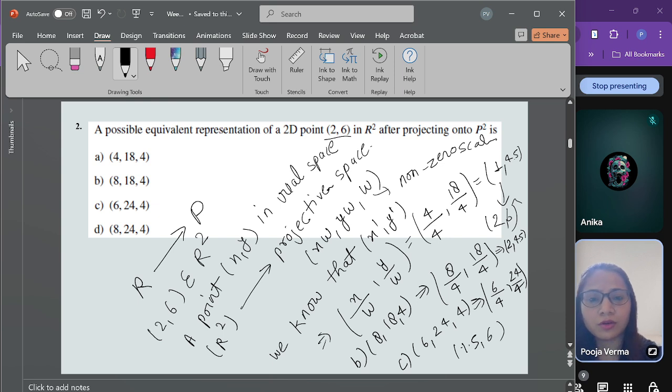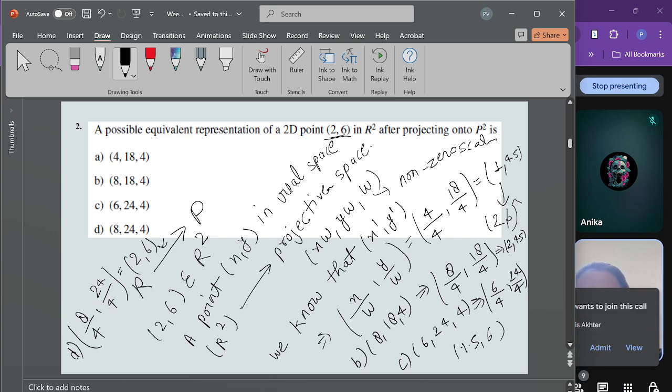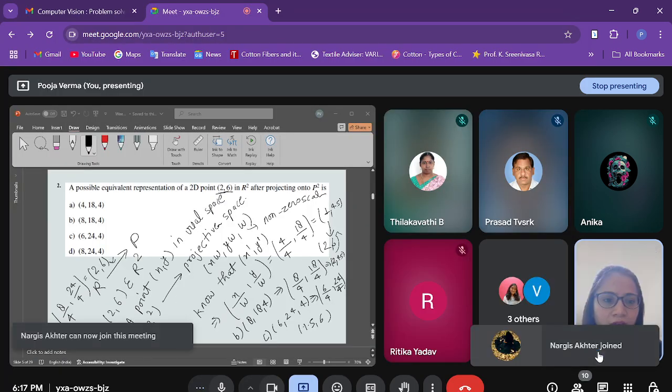It is also not matching with the real point. Now go with option D. D is 8 by 4 and 24 by 4, right? So you will get 2, 6. So option D is the only one matching with the real point. So option D is the correct answer for this question.